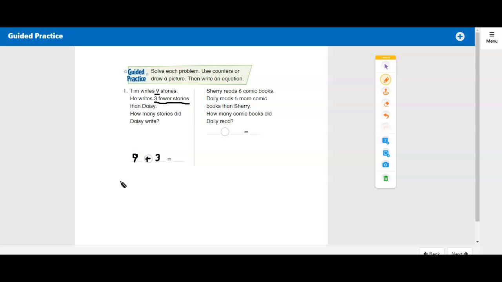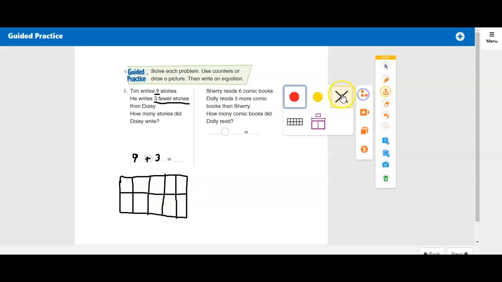So what we can do is make a quick 10 frame and show our work. Now, if you choose to use a different method to draw your picture, that is perfectly fine. But Mrs. Collier is going to show using a tens frame. So 2, 4, 6, 8, 10.